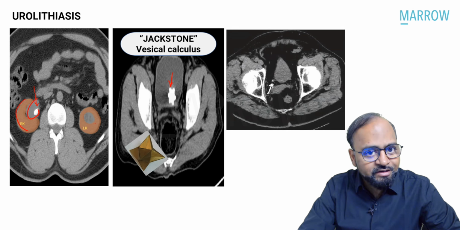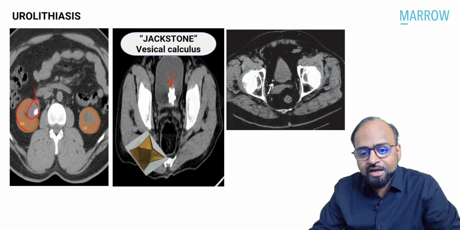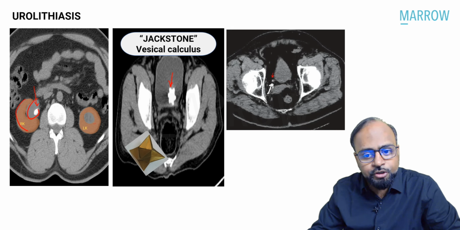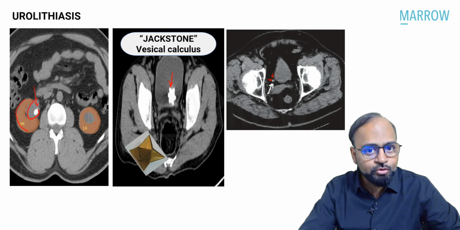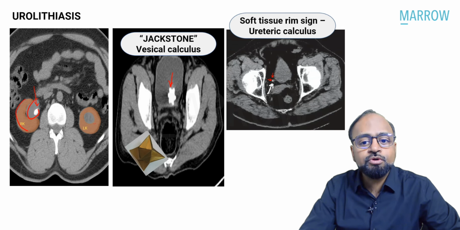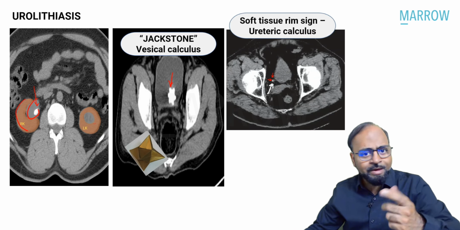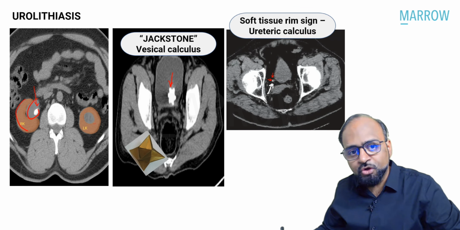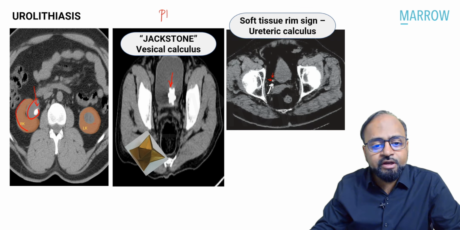A very specific sign is associated with ureteric calculi on CT scan. If you see this tiny focus of calculus where the arrow is pointing, can you see a soft tissue rim around it? That is the thickened edematous ureteric wall around the impacted calculus within the ureter. This is what is called the soft tissue rim sign of ureteric calculus. Why is this sign important? Because in the pelvic region, many times there are phleboliths.